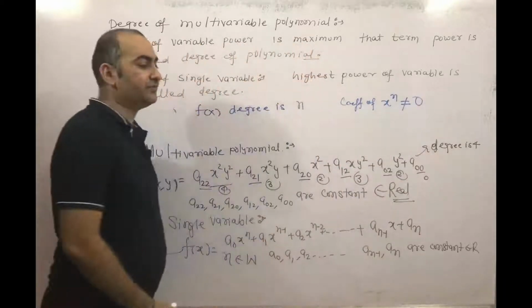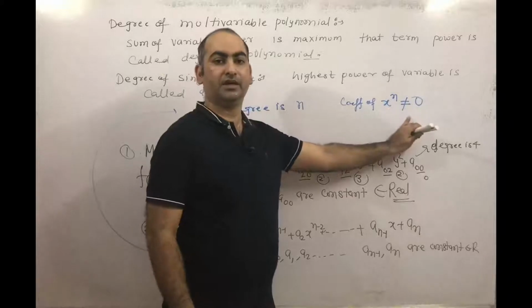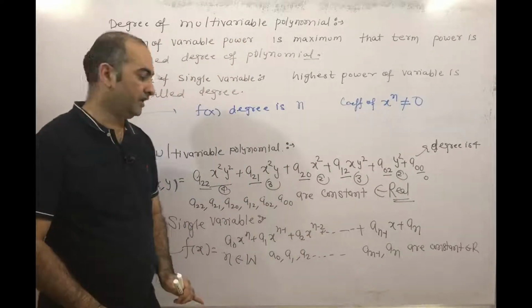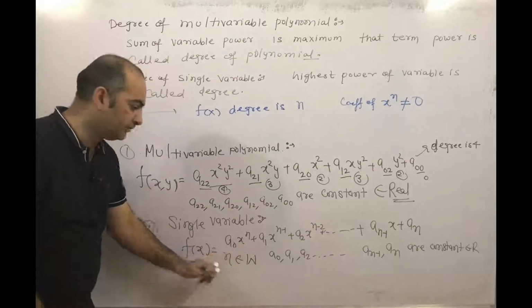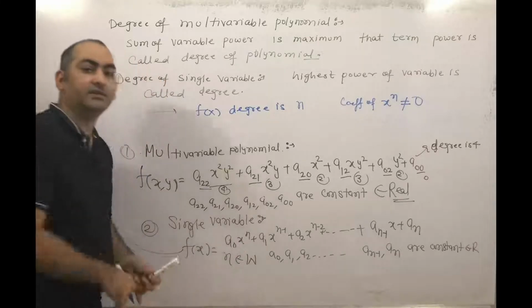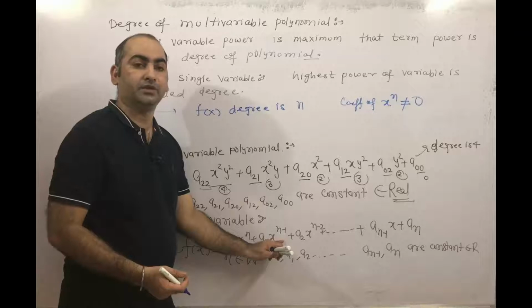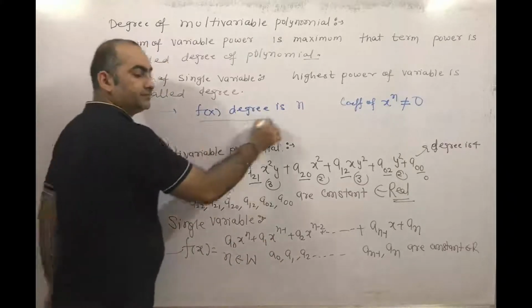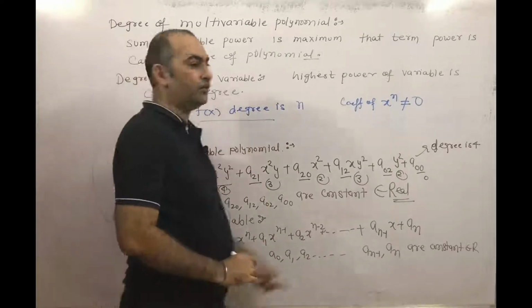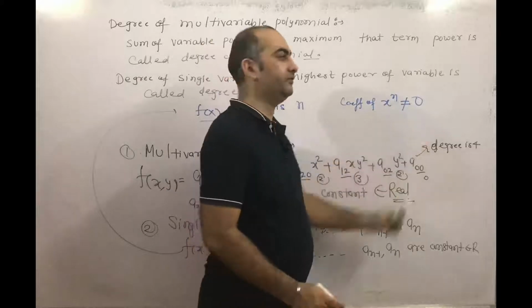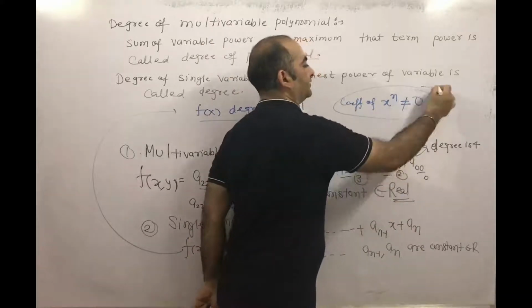Otherwise this term will not be there, then degree will change, and the highest power will be n minus 1. This is a very important point.